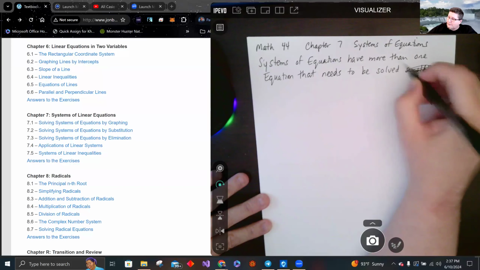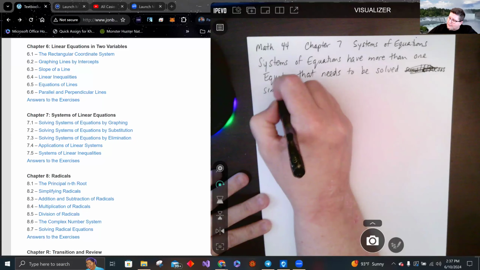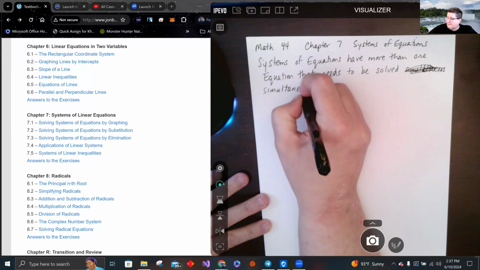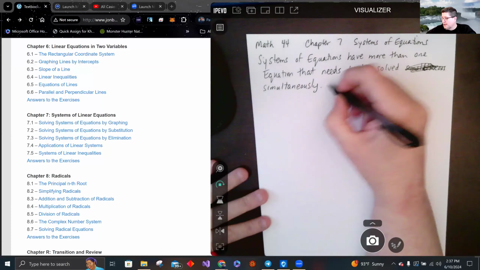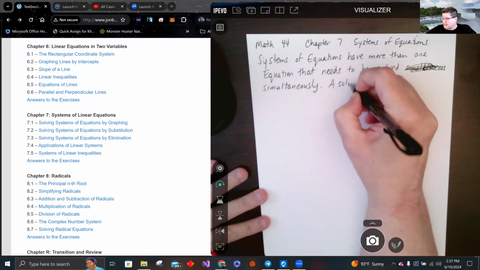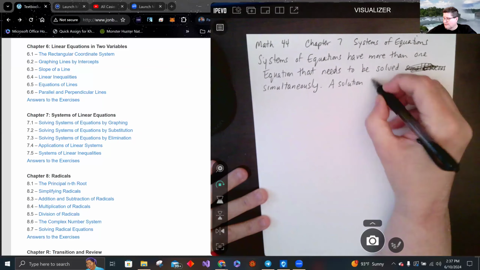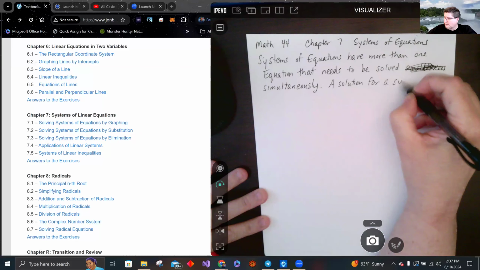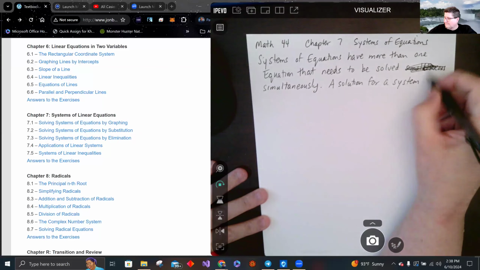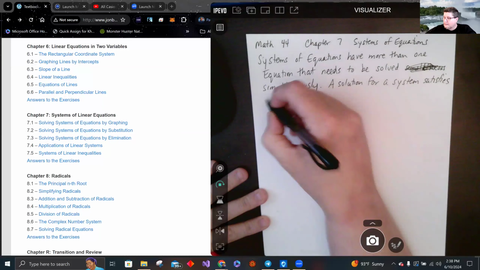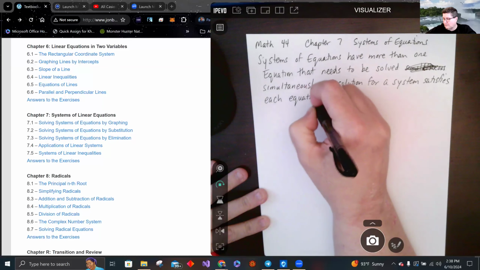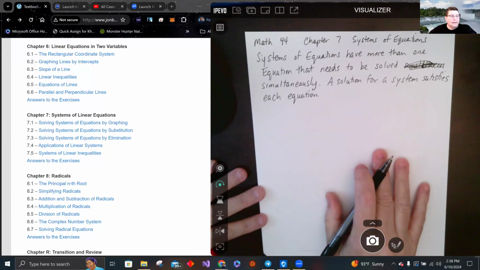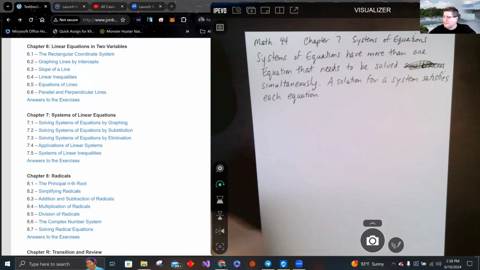Let's just rewrite that word. Simultaneously. There we go. Which means a solution for a system satisfies each equation. Okay, that's what a system of equations is.